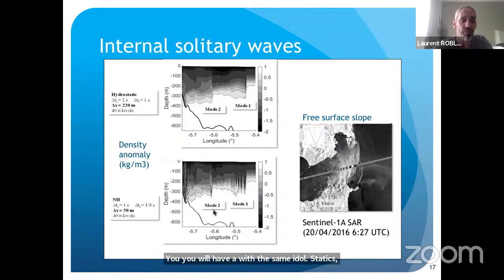And this is the non-hydrostatic simulation at 50 meters. We can see that mode 1 and mode 2 large amplitude internal waves are generated at the Reional sill here, and propagate eastward during each ebb in both simulations.